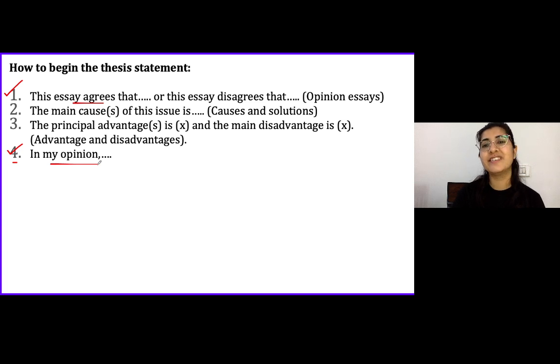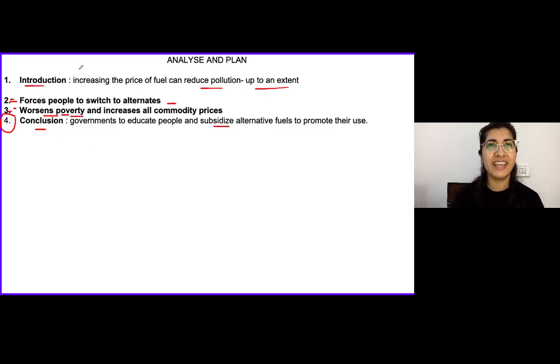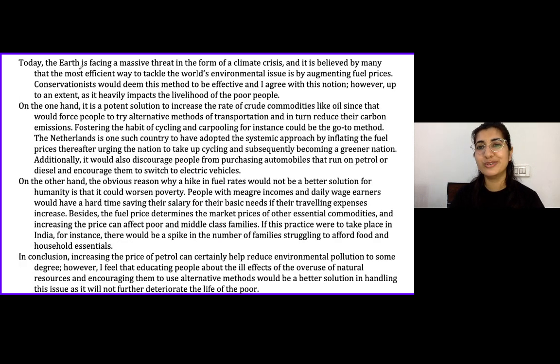All right, then. Let's look at how, after planning, my final essay looks. I'm going to show you a sample band 9 answer. Here it is. Let's go through the introduction briefly. Here you can see I have written a general statement: Today, the Earth is facing a massive threat in the form of a climate crisis. So that's my general statement. And I've paraphrased: it is believed by many that the most efficient way, the question said the best way, I've written most efficient way, to tackle the world's environmental issue, the question said problem, is by augmenting fuel prices.